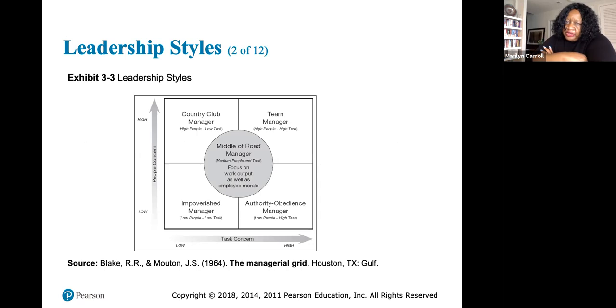We got the country club style manager, we got the team manager, we got the authority obedience manager, and the impoverished manager. We can see the country club manager is high people, low task. Team manager is high people, high task. The impoverished manager is low people, low task, and the authority obedience manager is low people, high task.